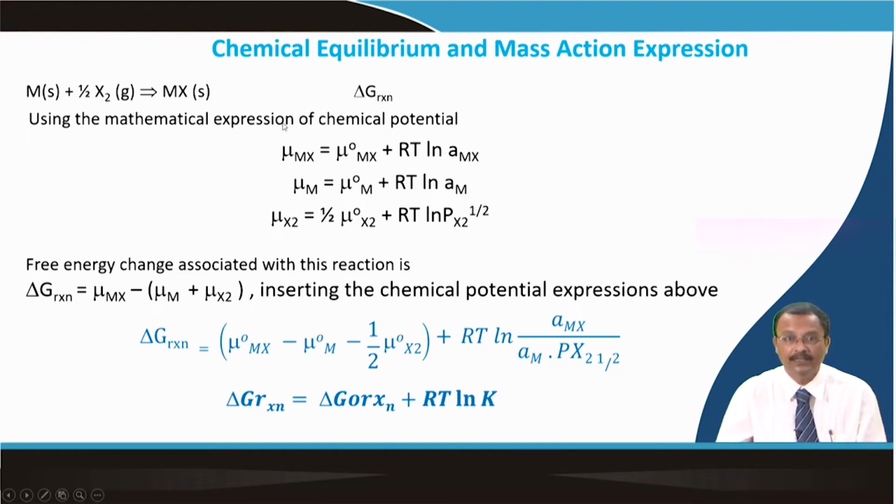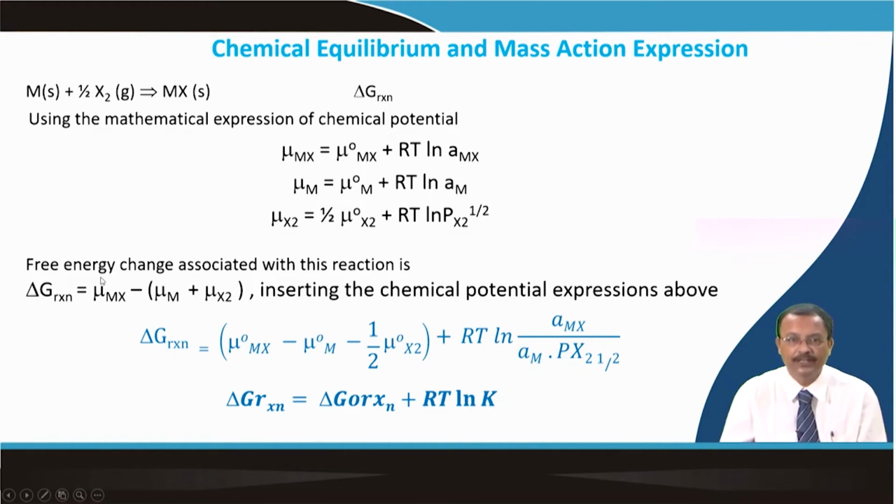I can define the mathematical expression of chemical potential, which I already introduced in the earlier part of this lecture. For the product we can write this relation of the chemical potential, related to its standard state, the gas constant, temperature and activity of this particular species. Similarly, for the metal and the gaseous reactant I can also write the chemical potential relation.